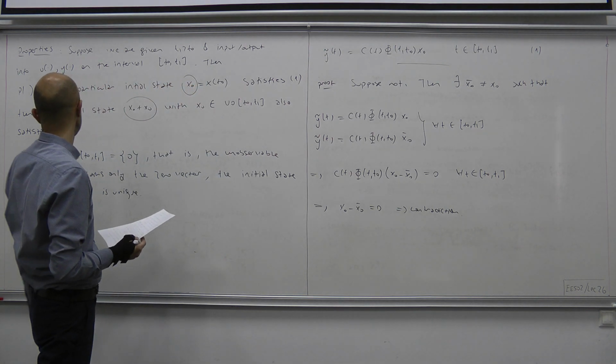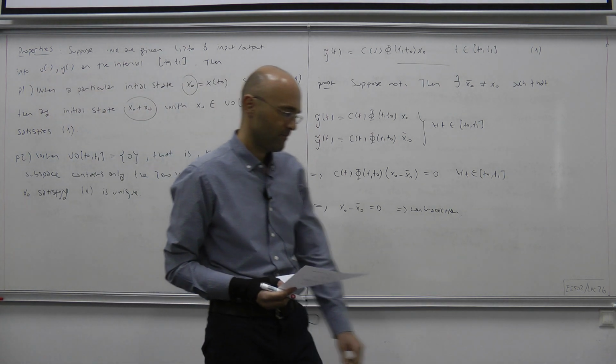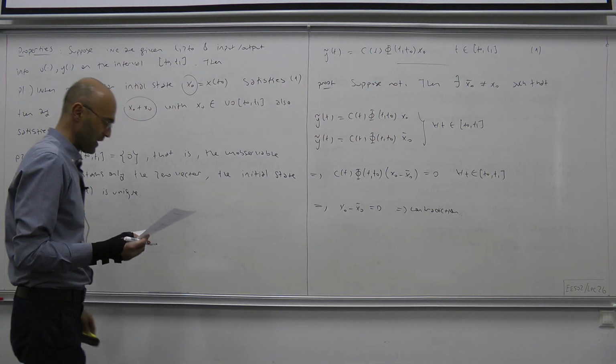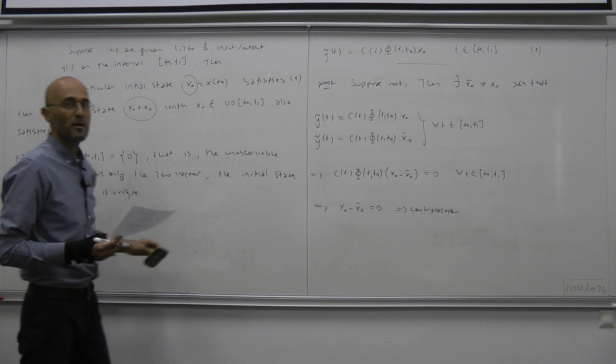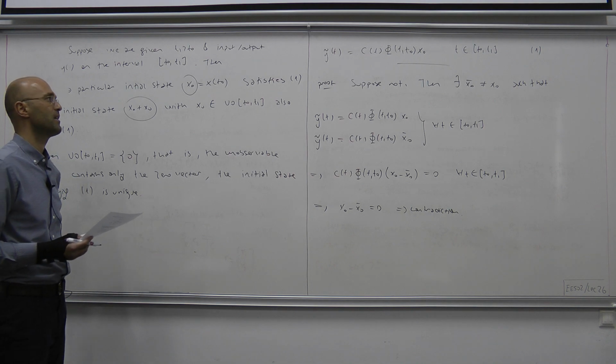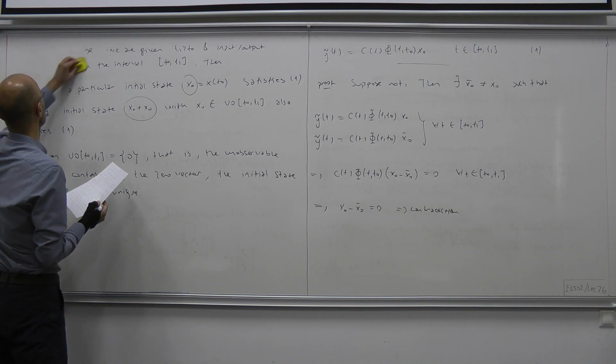Now, the second property immediately motivates the following definition. Having defined the unobservable subspace, we are now ready to define the observable system.